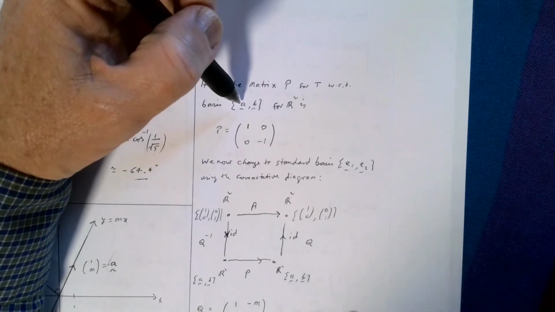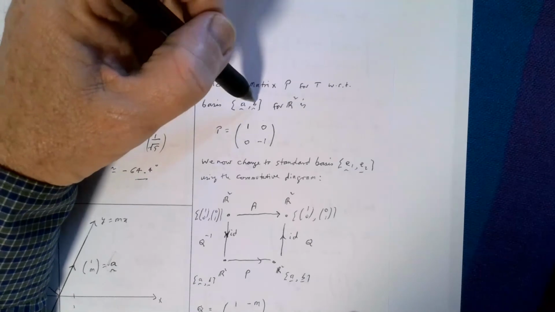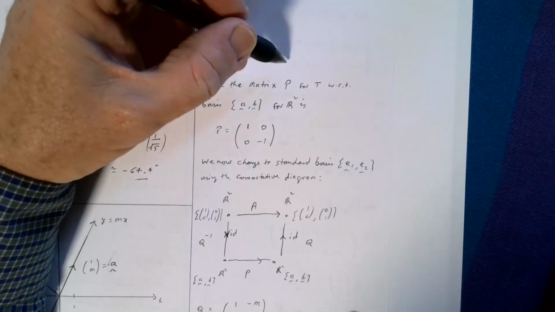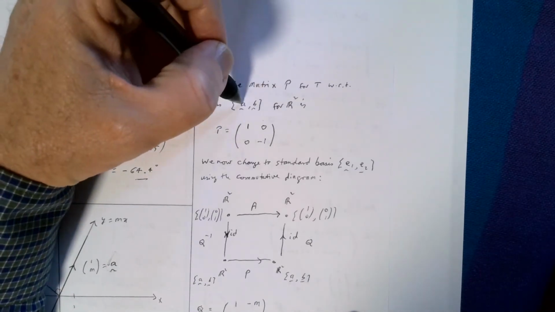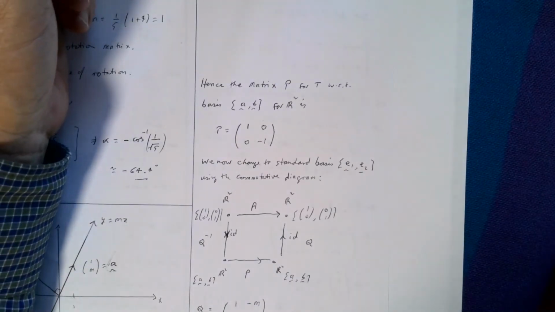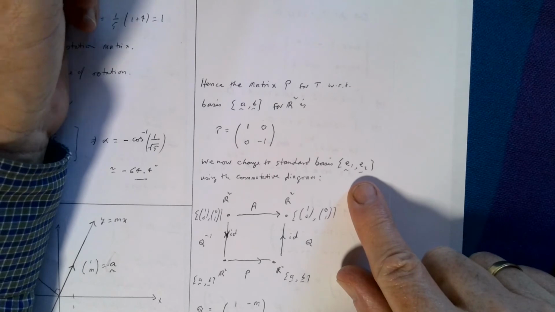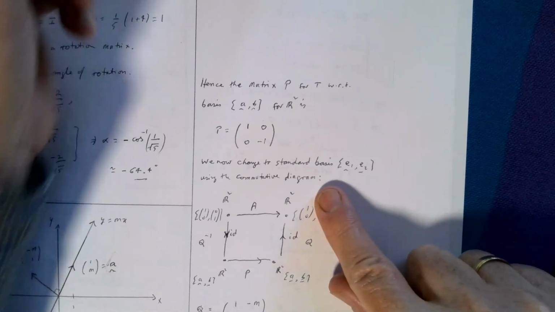And that's going to be (1, 0), because A goes to A. We need one of those, none of those. B goes to minus B, so we have none of those and minus one of those, and there's my second column. Now, of course, what we want is the matrix with respect to the standard basis, e1, e2, and we do that by using change of basis, using a commutative diagram.